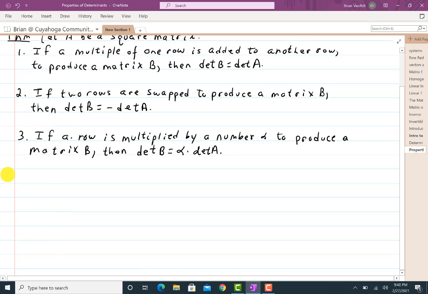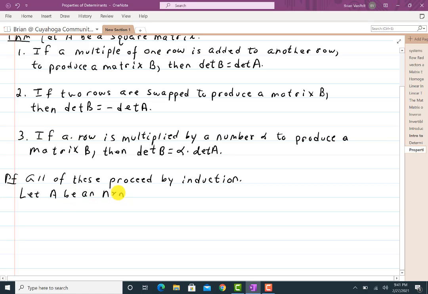All right, well, let's take a look at the proof of these things. I think what we're going to do, all of these will proceed by induction. So with induction, we're going to let A be an n by n matrix.